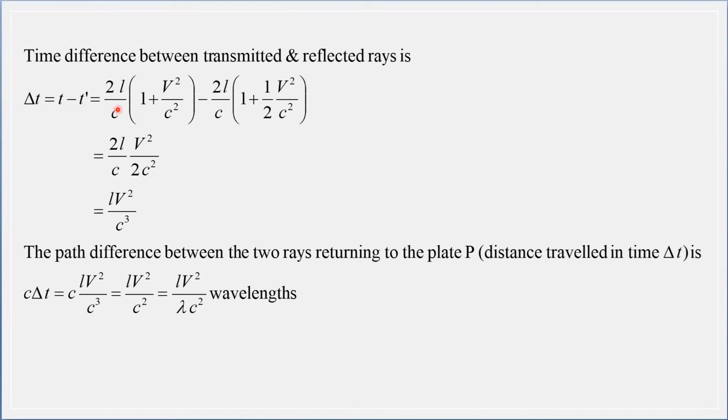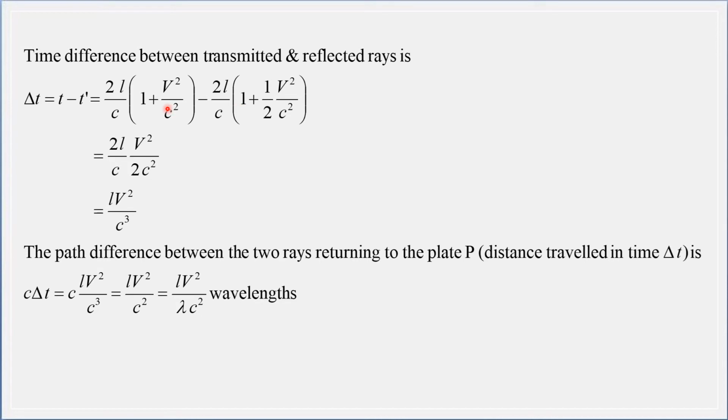And for this we had found the expressions: T is 2L by C into 1 plus V square by C square, and also T dash is 2L by C into 1 plus half V square by C square. This we already derived. Then the first term cancels because one is positive, the other is negative.